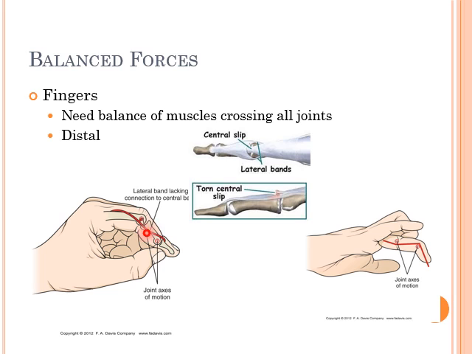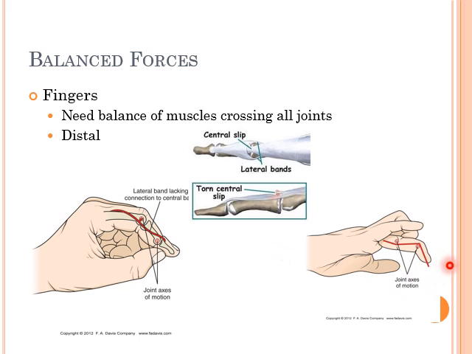The DIP still stays in extension, but basically you end up with a deformity where your PIP remains in flexion and your DIP remains extended. Okay, that's a boutonniere deformity.